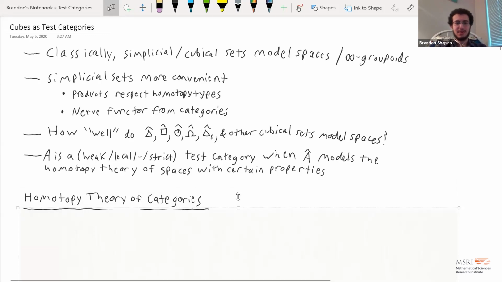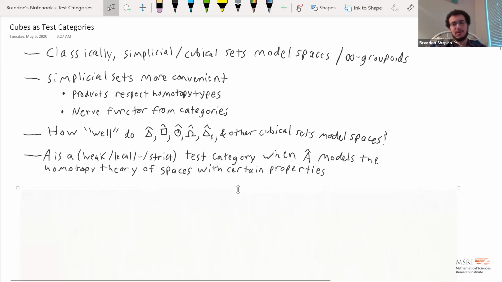And I think, actually, before I move on, I've had a lot of conversations with people where they say, well, simplicial sets have all of these nice properties, and why would we need to work in anything else? And oftentimes that makes a lot of sense. Something's been done in simplicial sets, you might as well work there.